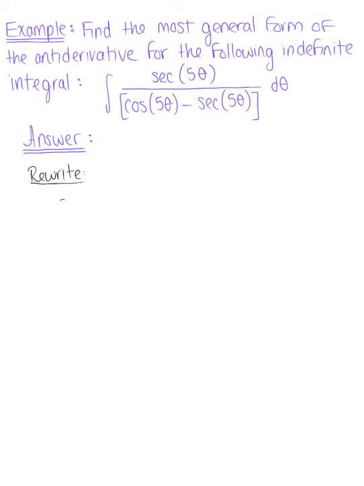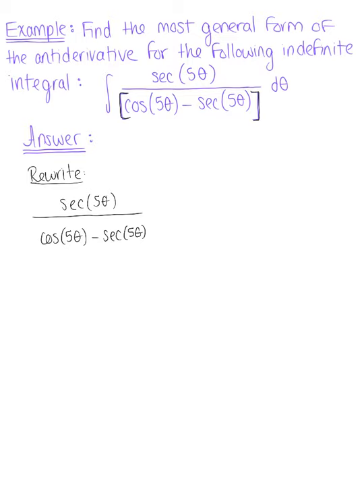I have secant of 5 theta in the numerator, and this is all divided by cosine of 5 theta minus secant of 5 theta. Because we have the difference of two terms in the denominator, we can't separate those.